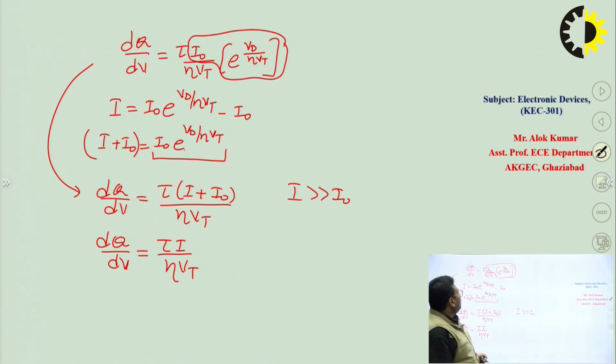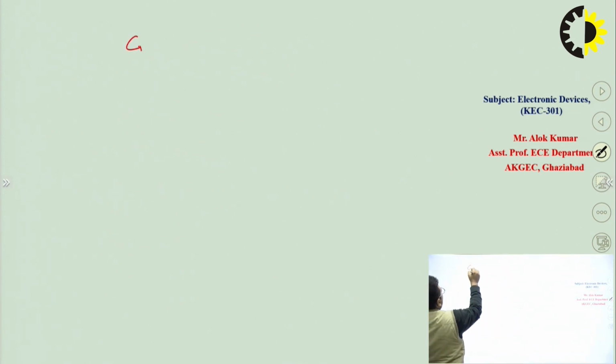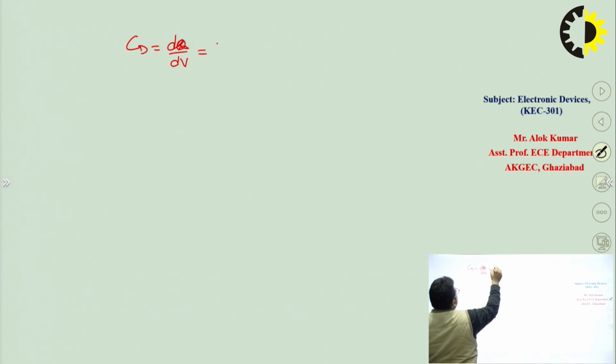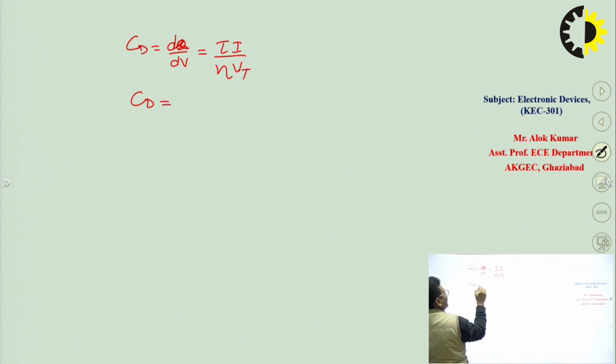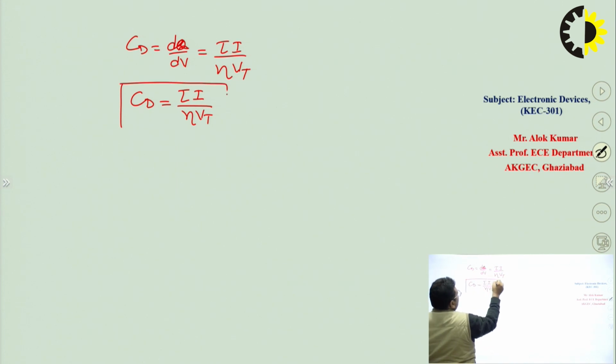So this is the value of CD, that is diffusion capacitance. So CD is equal to dq by dv, which is equal to tau into I upon eta Vt.